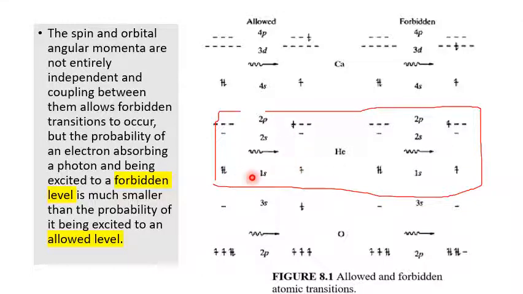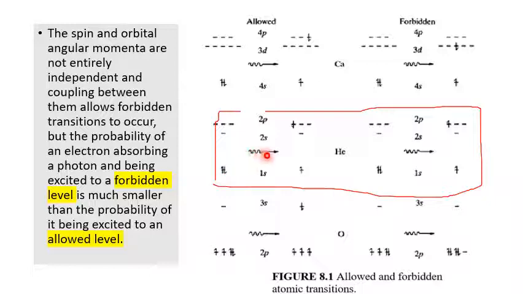In helium, the orbitals are 1s, 2s, and 2p. When helium is in the ground state, it has the electronic configuration 1s2. One electron is clockwise, the other electron is anti-clockwise. One angular momentum will be positive, the other will be negative.